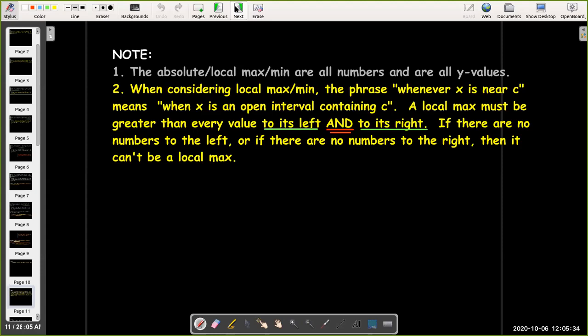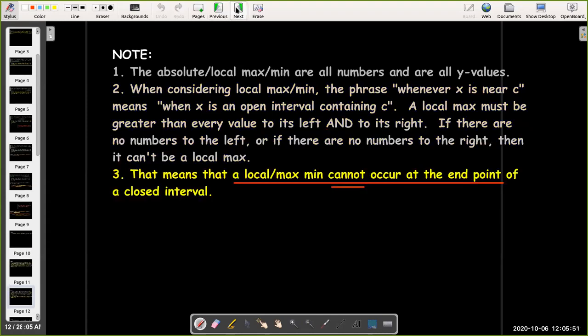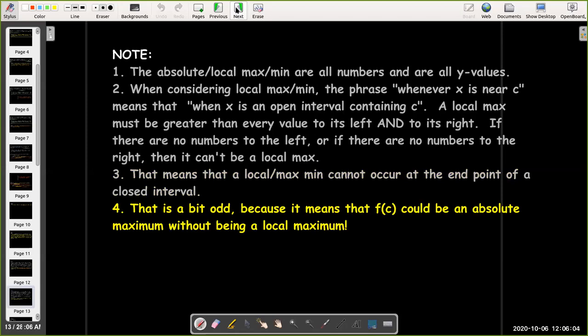And so if you don't have numbers to the left of c, or if you don't have numbers to the right of c, then you cannot have a local max or a local min at x equals c. So for example, if you're at the endpoint of a closed interval, you cannot have a local max or a local min there, which is a little bit odd because you can have an absolute max or an absolute min.